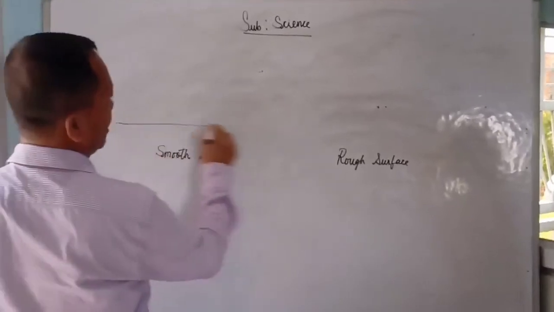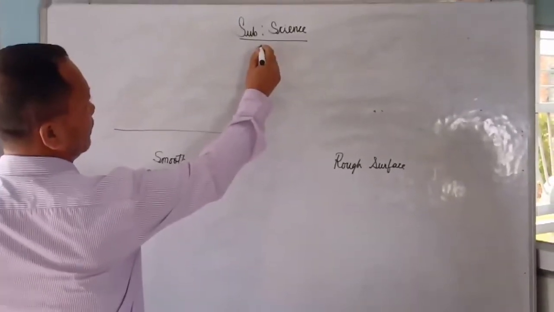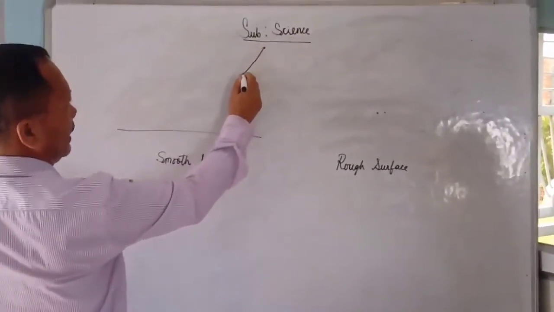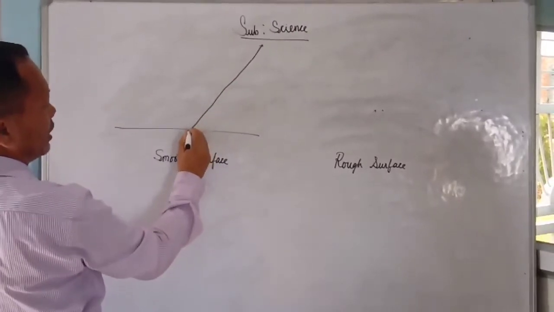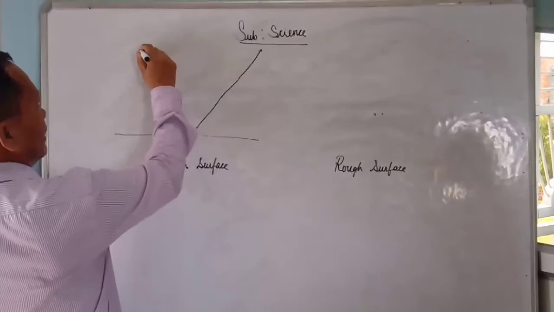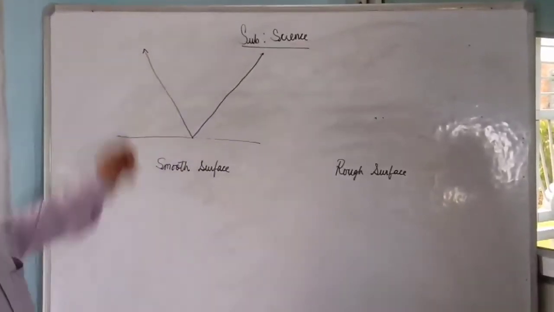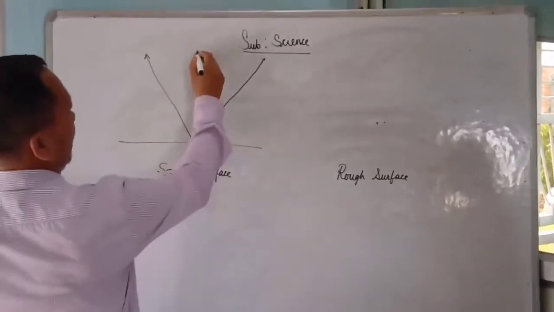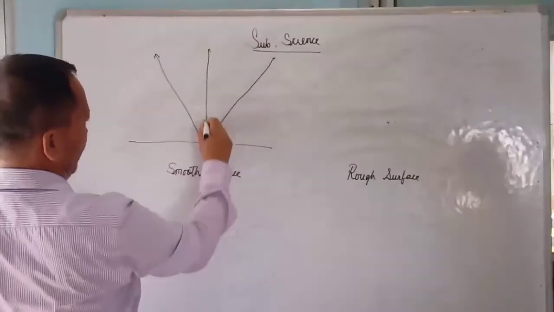In a smooth surface, when the ray of light touches the smooth surface, it is reflected back the same way, having a normal.